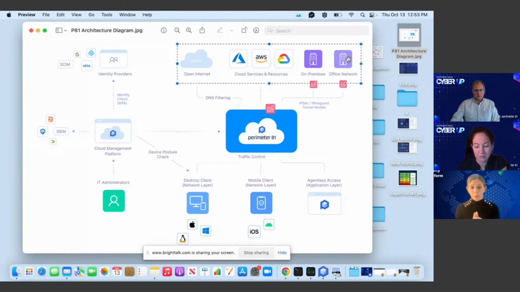Maybe in a particular organization, a sales team might really only be accessing software as a service tools, or might really only be accessing the open web, versus maybe your accounting team might need to get access into an ERP, or something similar. Your dev team might need access into your production environment in AWS.